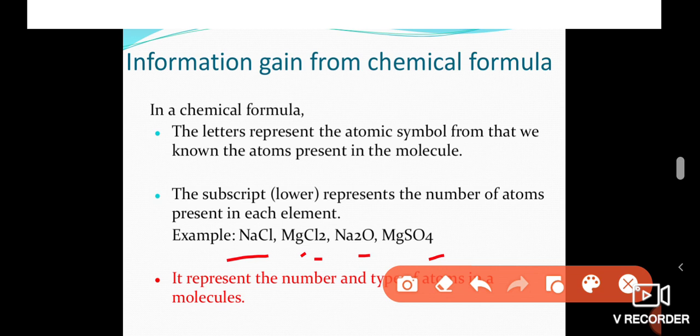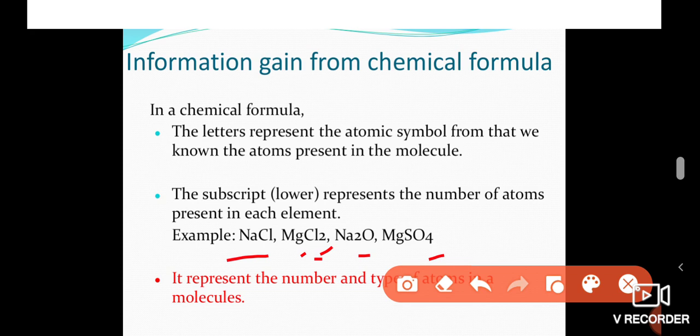And after chlorine the subscript 2 is there. That 2 represents 2 atoms of chlorine present in a molecule. How many chlorine atoms are present in MgCl2? 2 chlorine atoms. So the subscript after the symbol of the element indicates the number of those atoms present in a molecule.